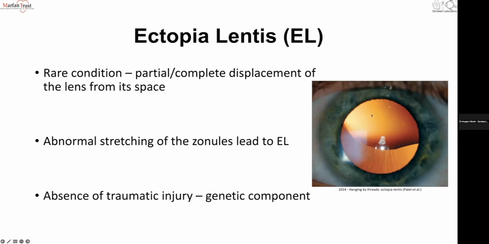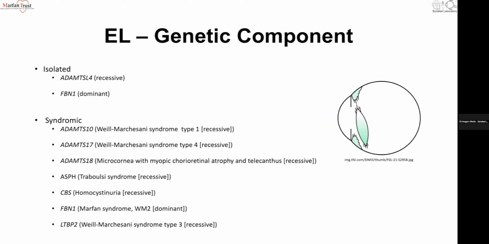This picture over here shows an eye where the lens has moved upwards because the zonular fibers are fragile or broken, and you can see the fibers here. The absence of traumatic injury implies that there must be a genetic component. EL can be found as dominant when one copy of the gene is affected, or recessive when both copies of the gene are affected.